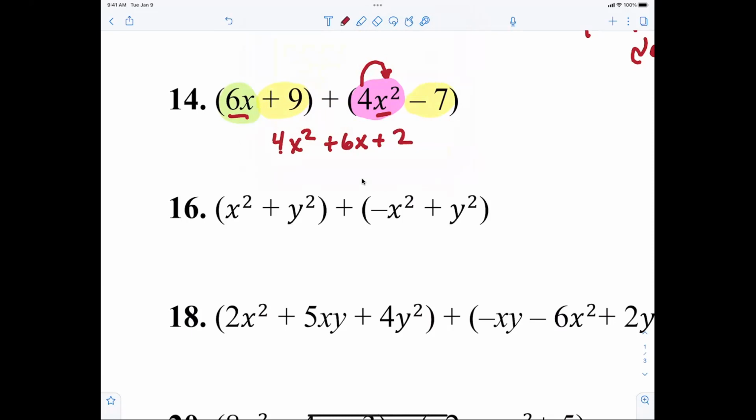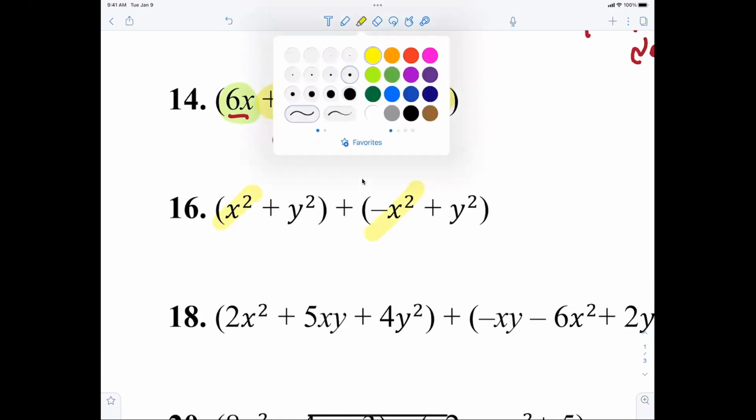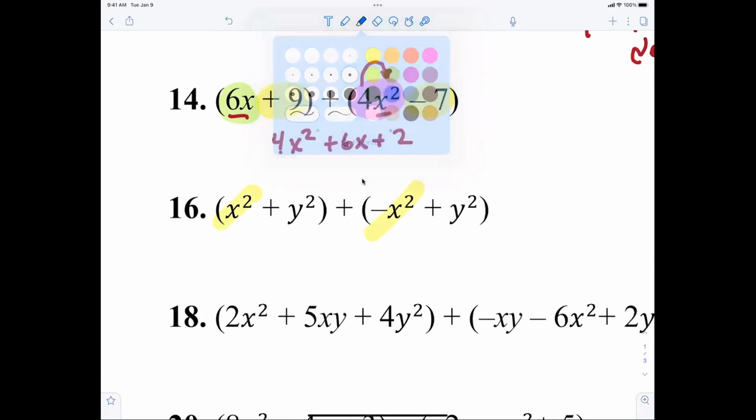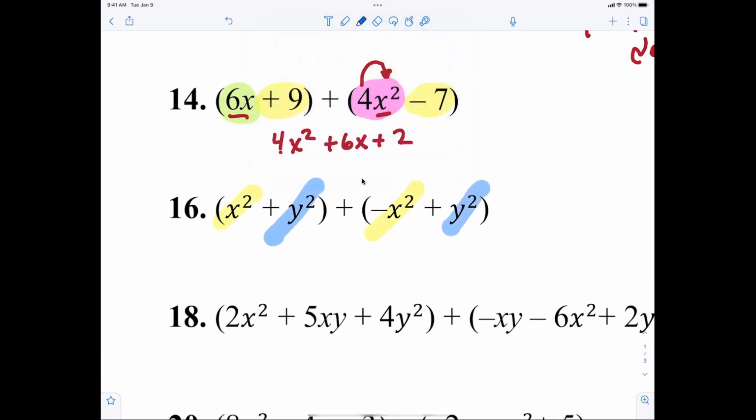Everybody take a quick look at 16. What happens to the x squareds? Nice. They cancel out. X squared, negative x squared, they cancel out. Now I'm looking at y squared and y squared. Y squared plus y squared is, everybody says y to the fourth.